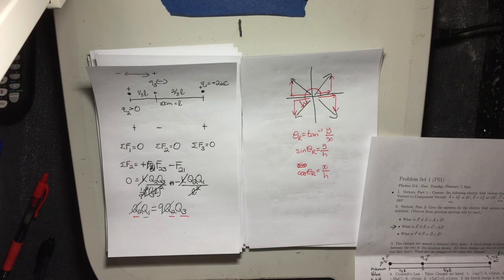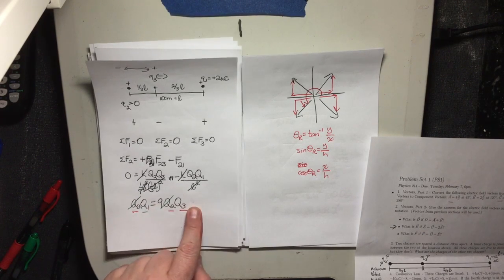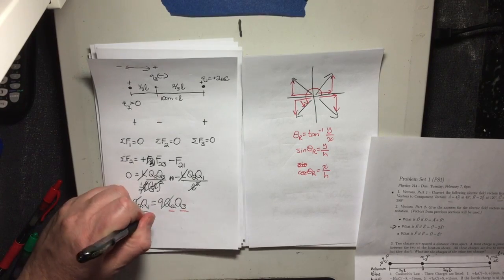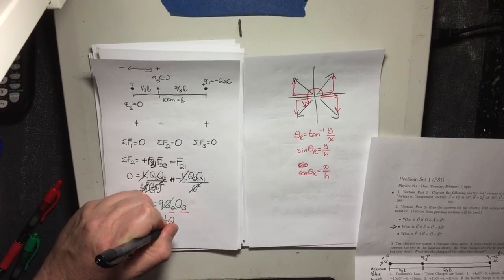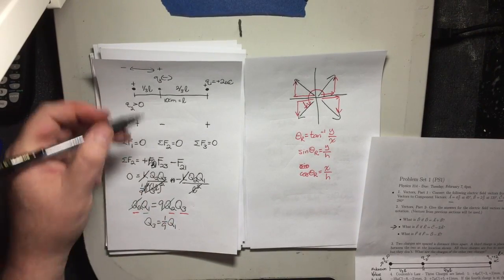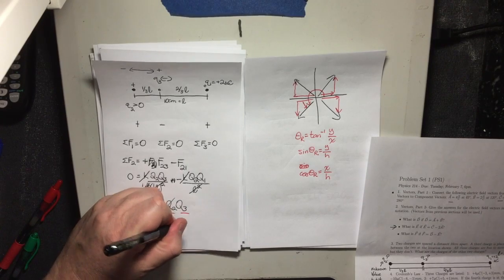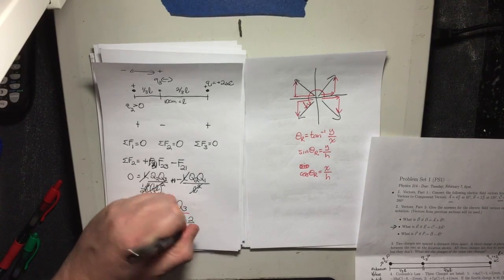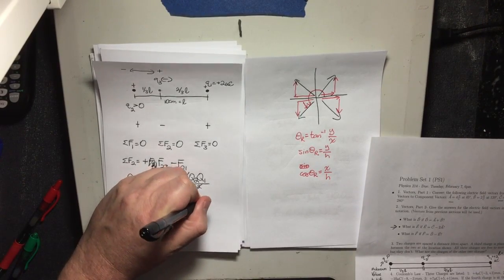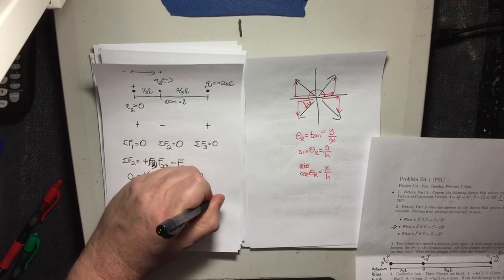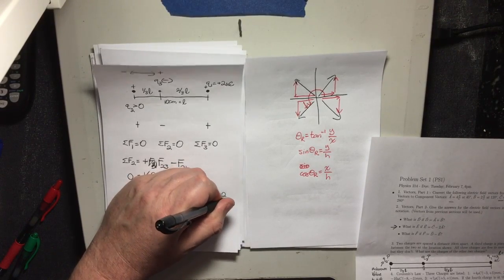But quite frequently, you don't need to know them at that particular moment because they just cancel out. So Q1 is 9 times that of Q3, or Q3 is 1/9 of Q1. The magnitude of Q3, therefore, is 2/9 of a microcoulomb. So the charge of 3 is negative 2/9 microcoulomb.